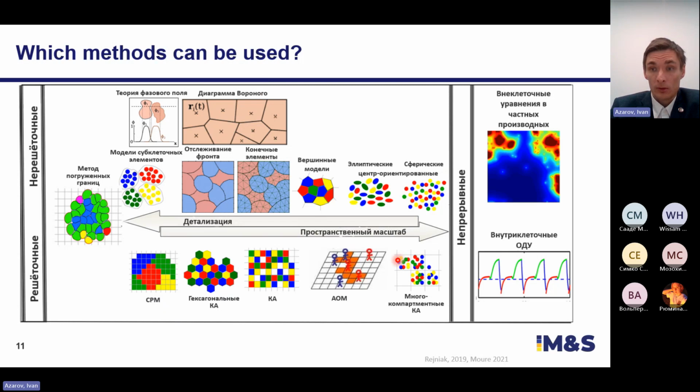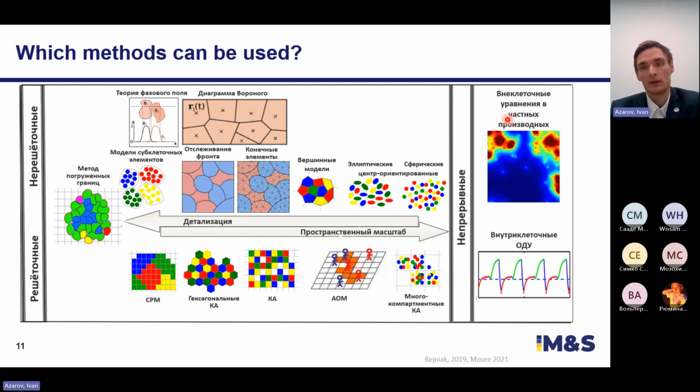Yes, we already discussed that on the micro level, you can use ordinary differential equations, and it will be some type of continuous methods. You also can use partial differential equations to describe the concentration of some chemokines, cytokines, or even cell concentration.